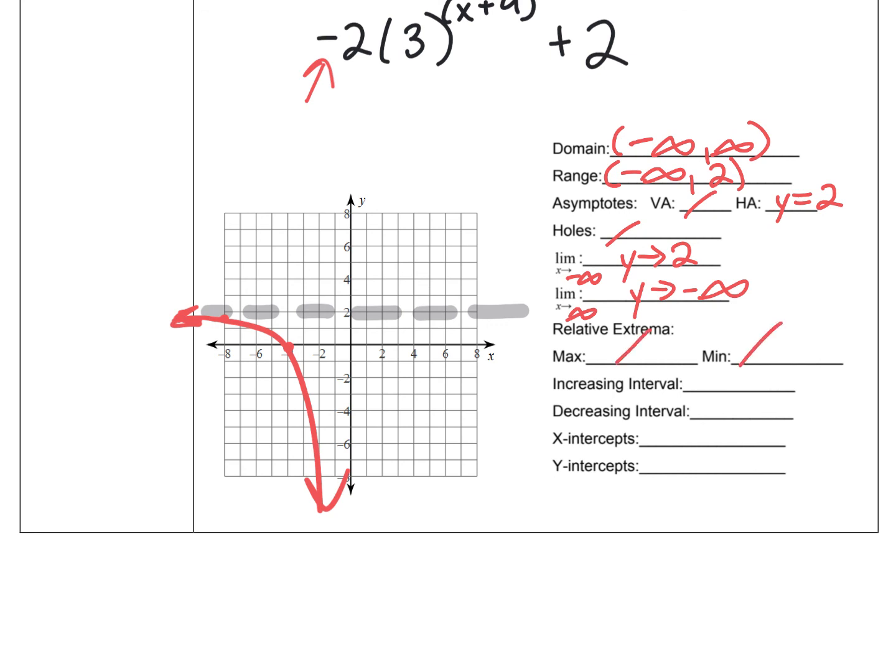Increasing or decreasing? What do you write there? X-intercept? Y-intercept? 0, negative what? 116? 160. Okay. Probably had to scroll pretty far for that, didn't you? But we're able to. Okay.